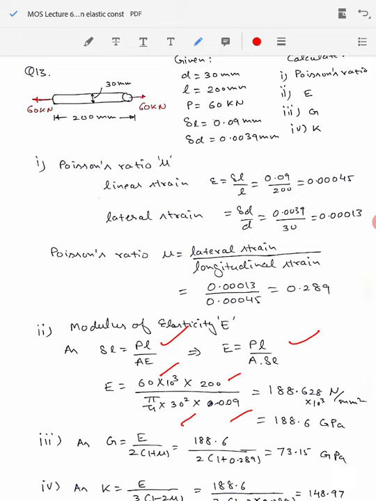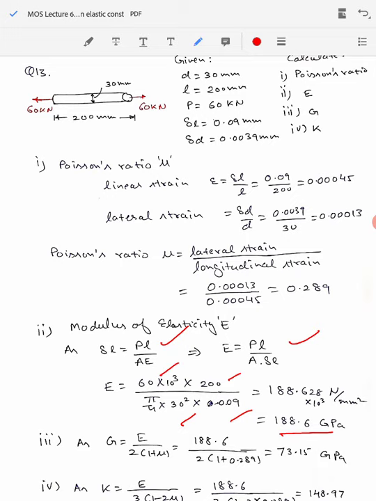That gives the value as 188.628 into 10 to the power 3 Newton per millimeter square, which you can also write in gigapascal as 188.6 gigapascal. So you see, it is so easy to calculate the value of modulus of elasticity once you know the value of applied load and the change in length for a given experiment.